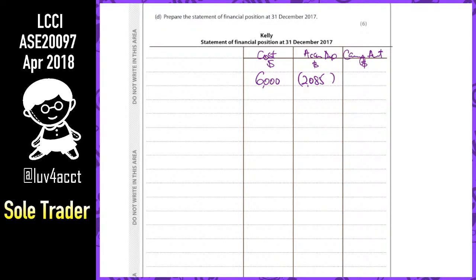And then that will give you a 3915 calculated already. Let me write all the stuff. Assets, non-current assets, we have fixtures and fittings.